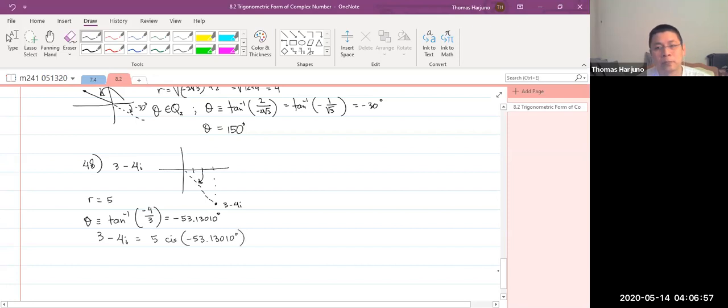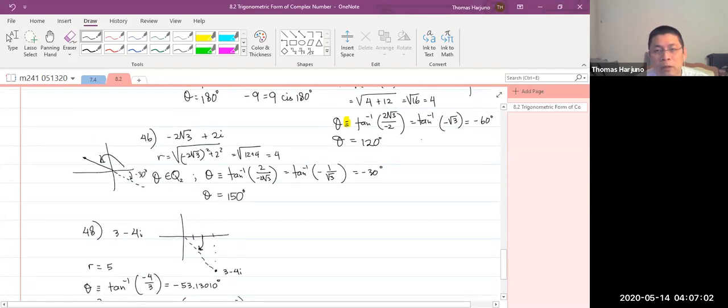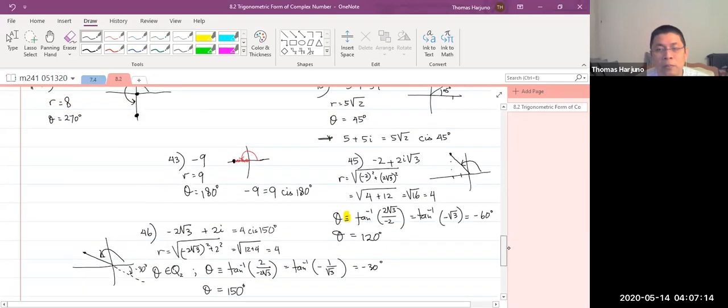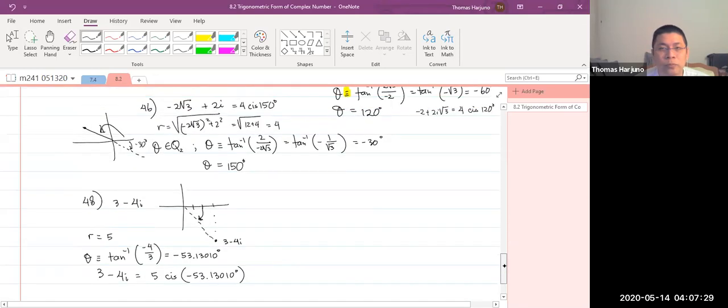Number 46 is 4 cis 150, and number 45 is 4 cis 120.